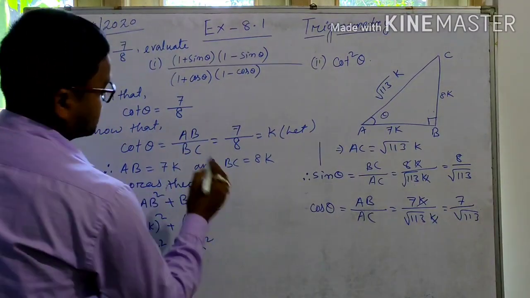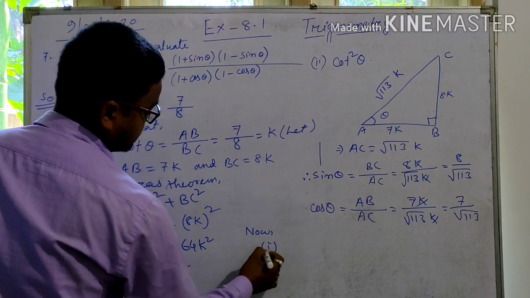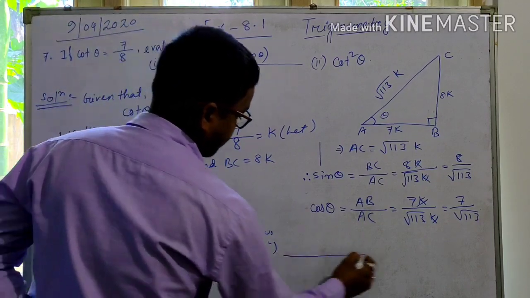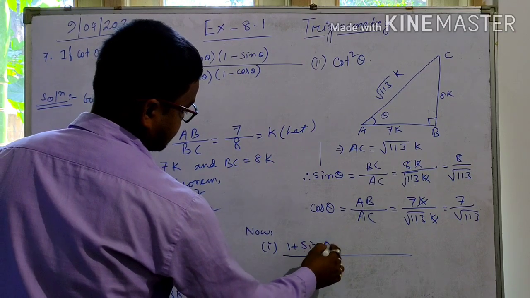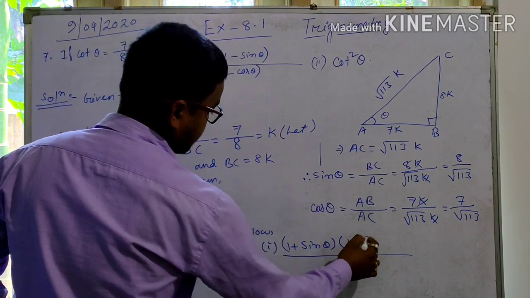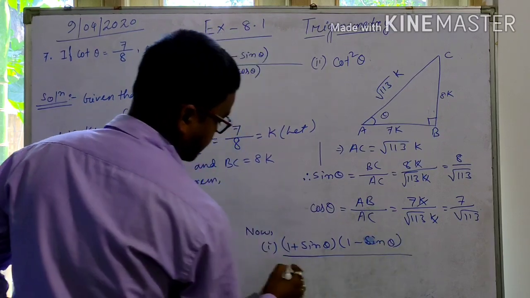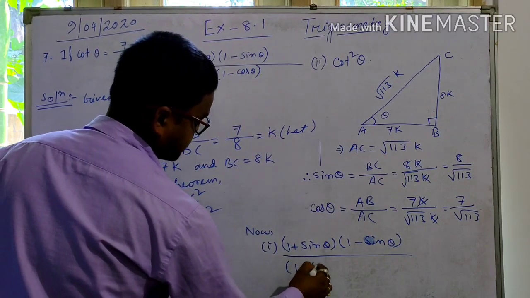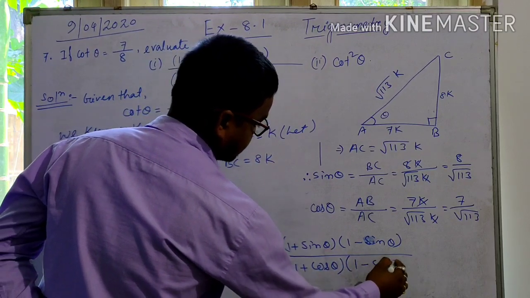So according to question number 1, we are given 1 plus sin theta and 1 minus sin theta, divided by 1 plus cos theta and 1 minus cos theta.